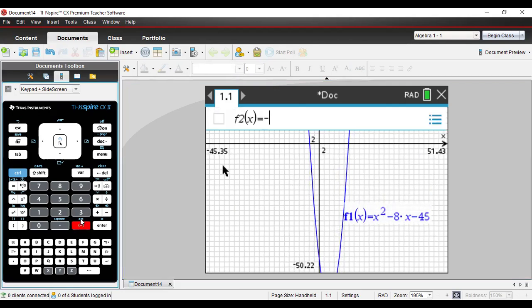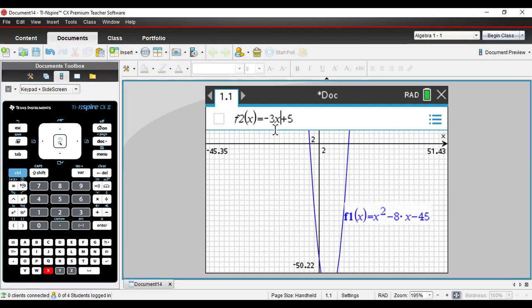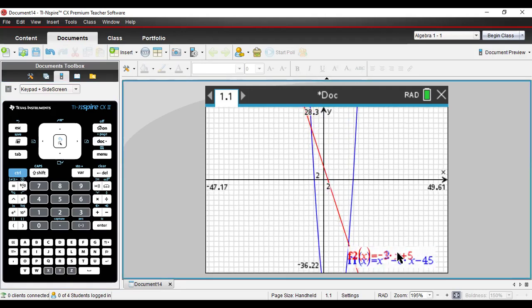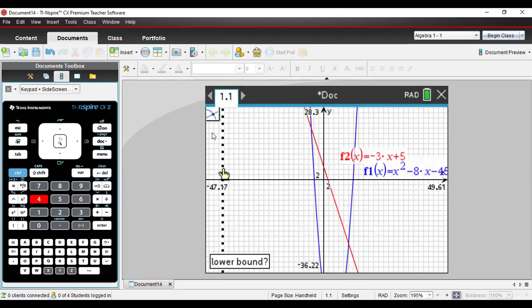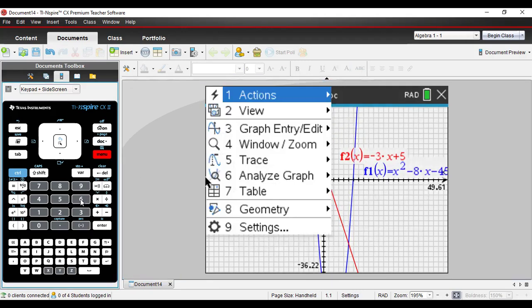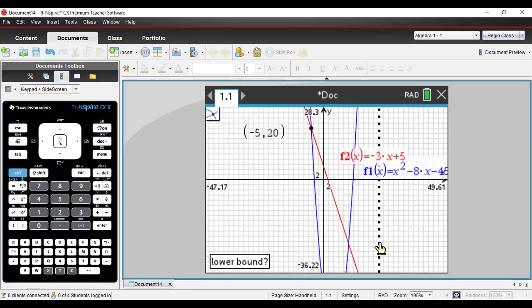It's going to be negative 3x plus 5. I forgot the x. And there we go. So now we have two intersections. So we're just going to do menu 6, 4. And there's one intersection. Then we're going to do menu 6, 4 again, and we're going to go to the right, pull it left. So those are our two answers.